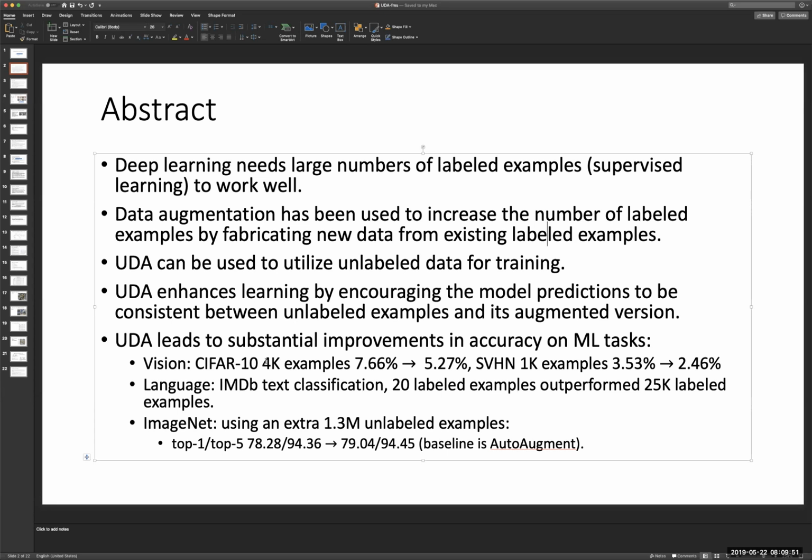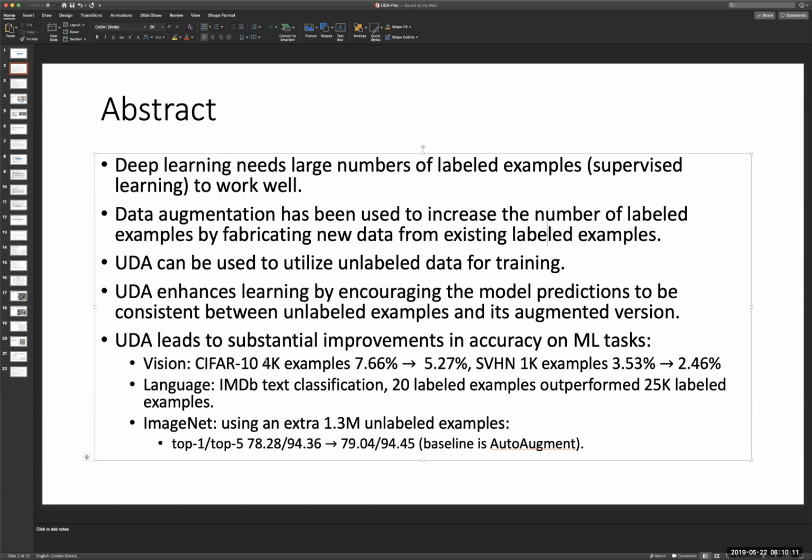And then finally, another vision task is ImageNet. So using ImageNet, it adds an extra 1.3 million unlabeled examples.